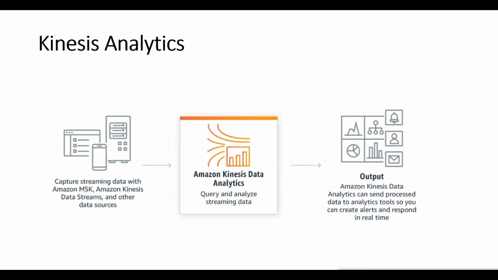You can see here it is capturing as the input the streaming data with Amazon MSK, Amazon Kinesis data streams and other data sources, and then it queries and analyzes the streaming data and sends the output to analytics tools, so you can create alerts and respond in real time.